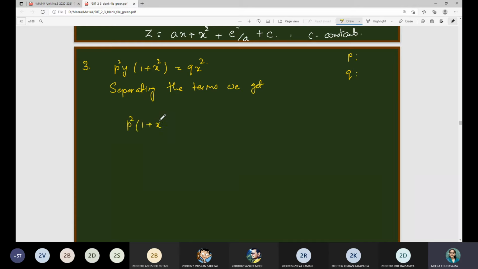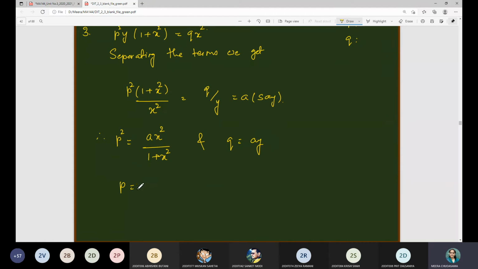P square times 1 plus x square upon x square is equal to q upon y. Right? The whole x term has come here, and the y and q term has come here. So this is same, so it must be a constant quantity. Therefore, p square will be what? So it is ax square upon 1 plus x square, and q is ay. Okay? So p is nothing but plus or minus square root of a x upon square root of 1 plus x square, and q is ay.